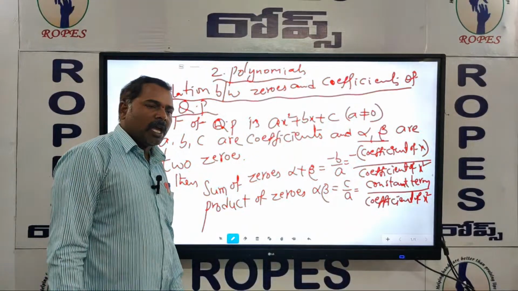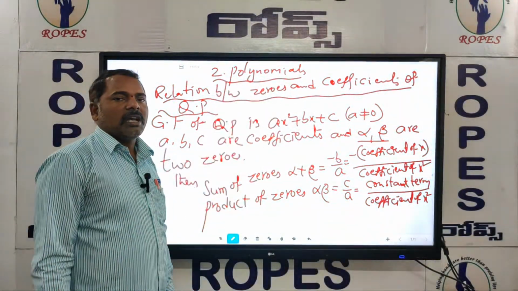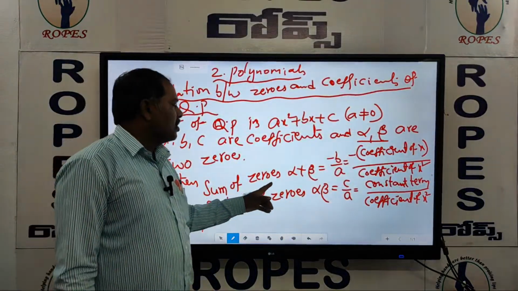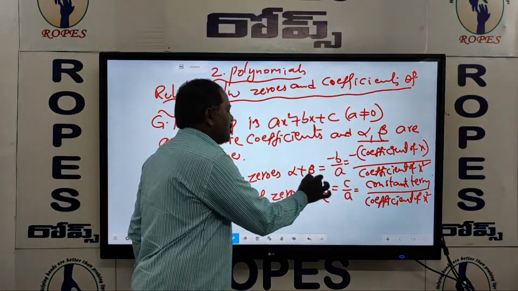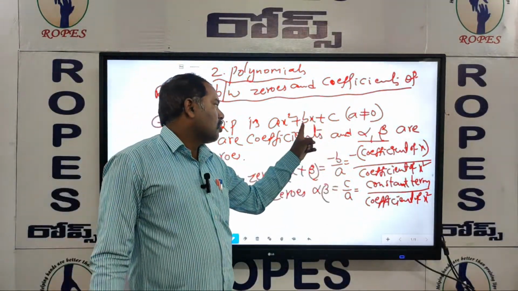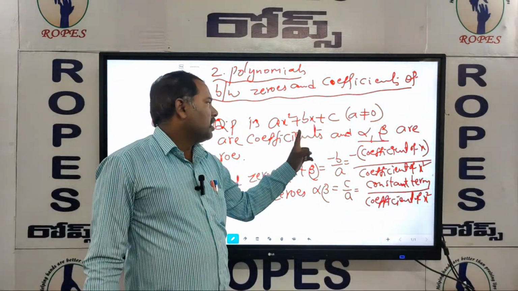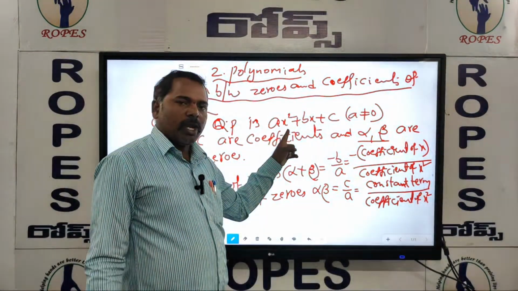Then the relation between the zeros and the coefficients is: sum of zeros alpha plus beta is equal to minus b by a, that is minus of coefficient of x divided by coefficient of x square.